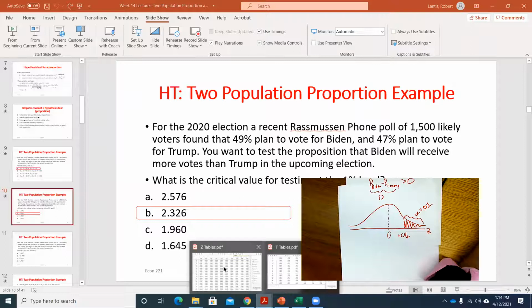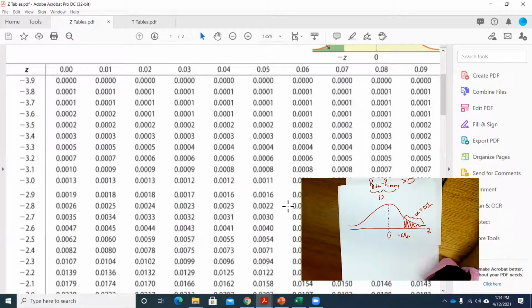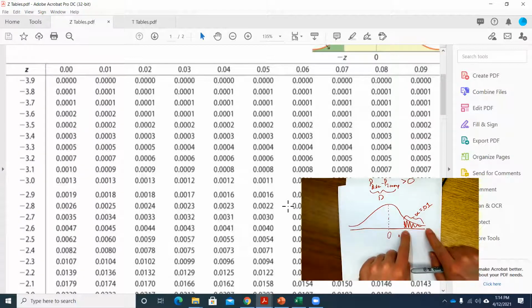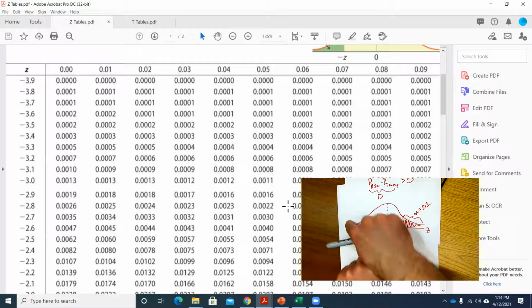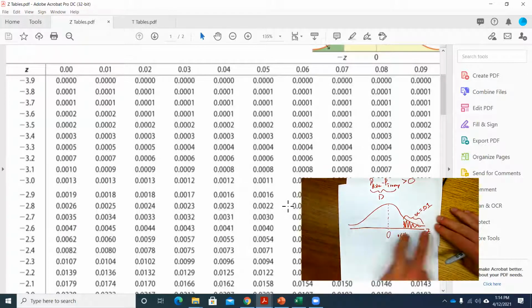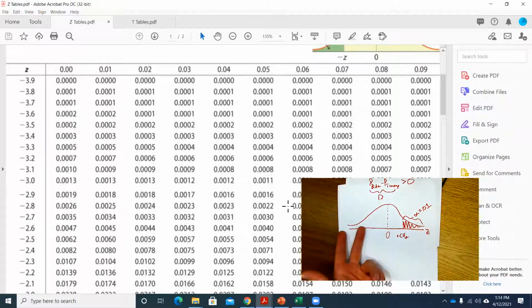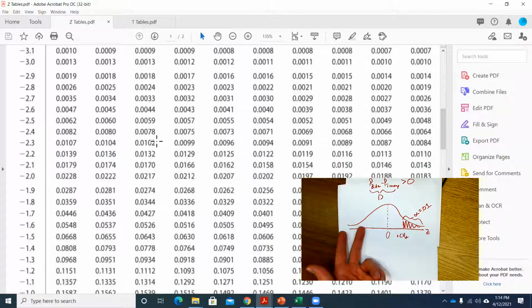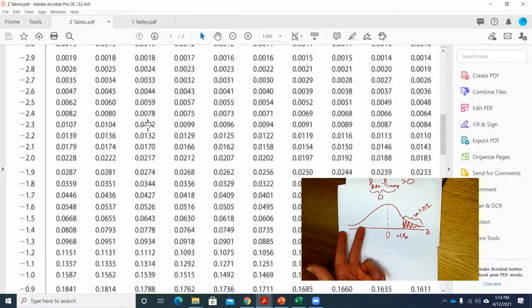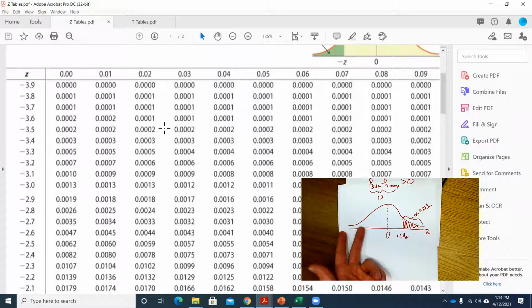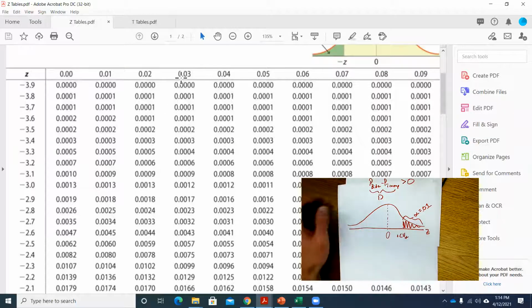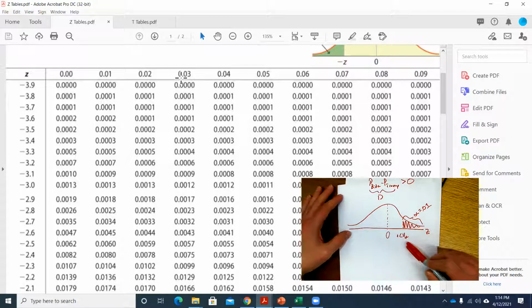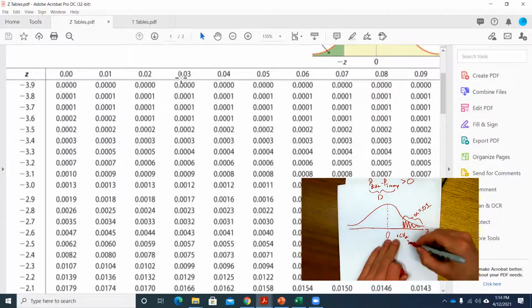If I look up 0.01, the table always reads as the area to the left, so it would give me my critical value, but negative, right? So I could look up here, right in between here. So negative 2.32 and negative 2.33. So, okay, negative 2.33, but I have a right-tailed test, so positive, right?